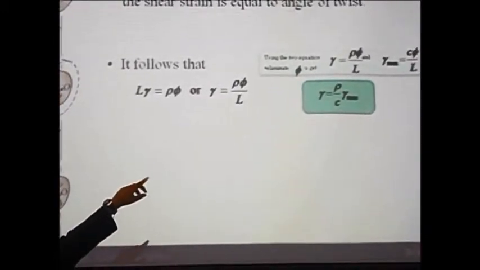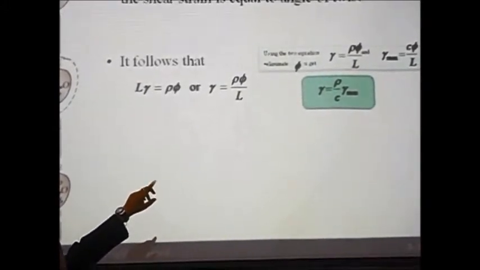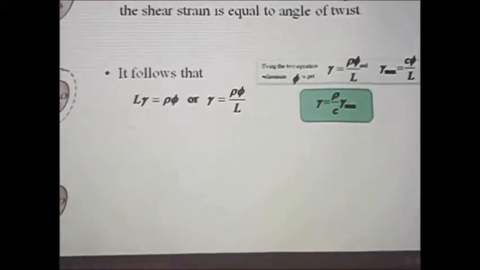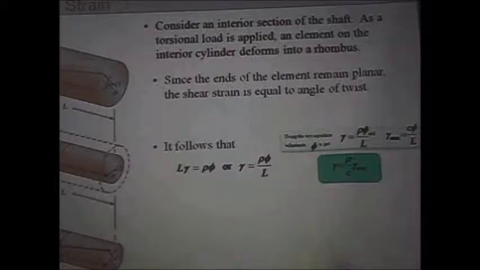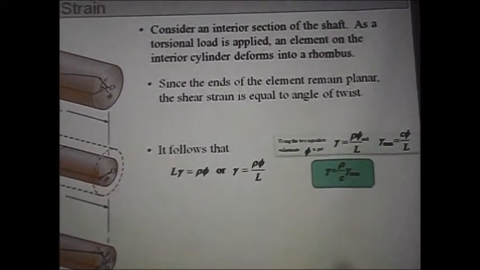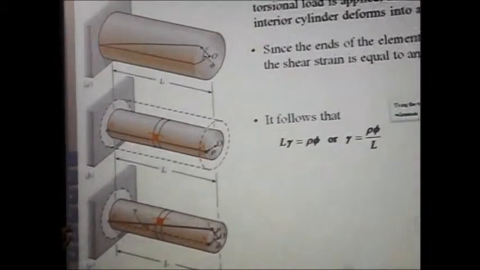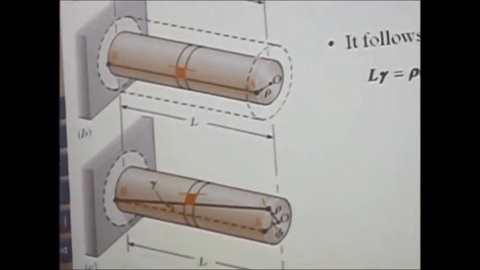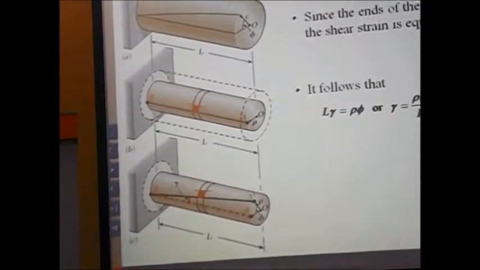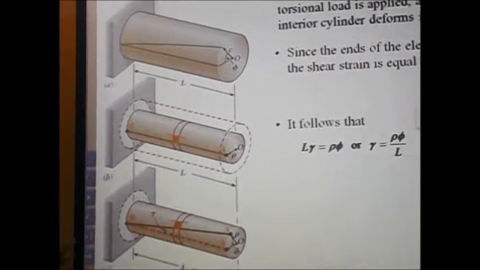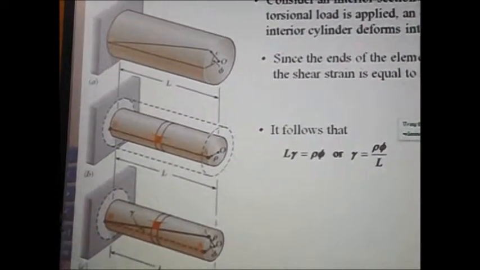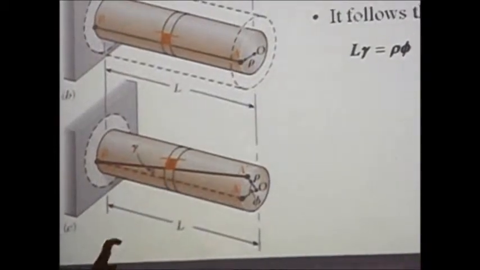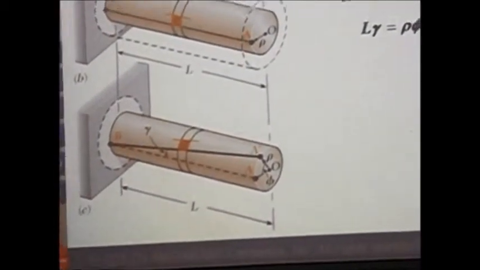Gamma equals rho phi over L, and gamma max equals C phi over L. C we get from the figure, the maximum radius, and rho we get by taking out a segment from the origin; this is rho, a smaller radius.